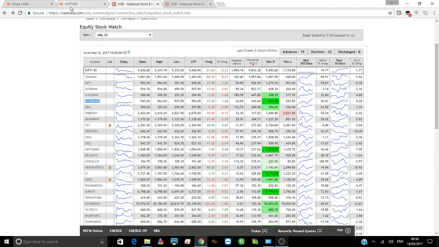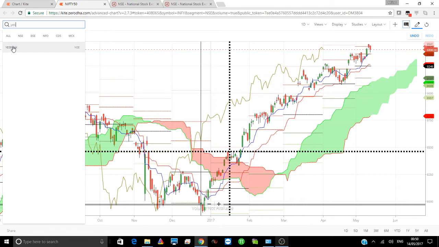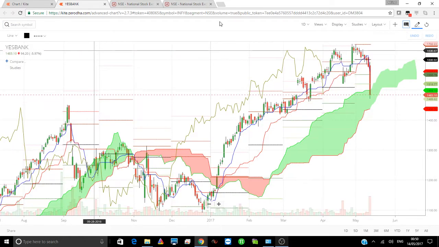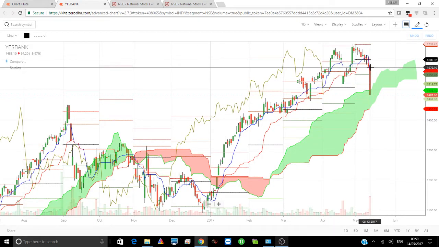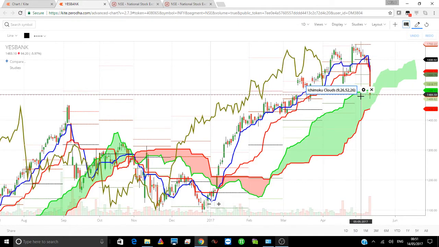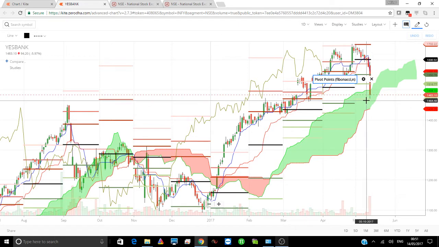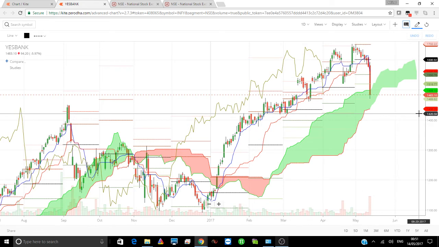Yes Bank. So there you go. Yes Bank. Wow, what a fall. Did you see this? On Friday, it has come down by a huge margin. And actually, if you really look at it, it is taking support from the S3 level, which is near about 1469.